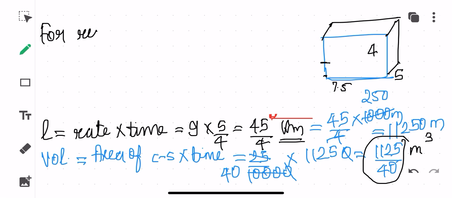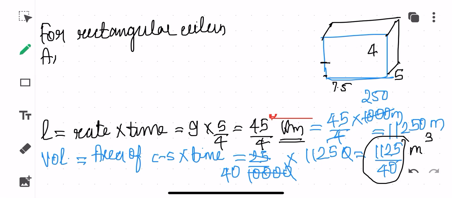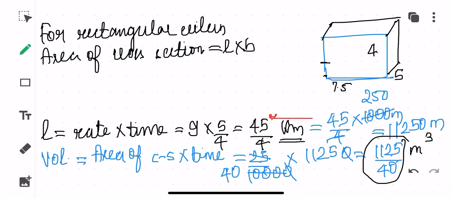So write down for rectangular cistern. Area of cross section is equal to how much, children? This will be equal to length into breadth. So how much is the length given, children? It is given as 7.5 into breadth has been given as 5.